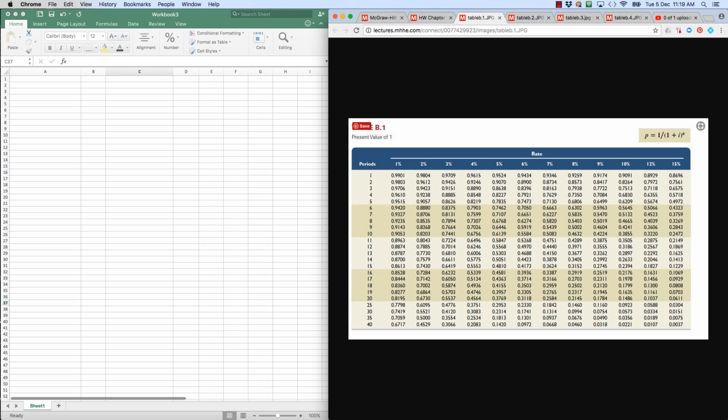But present value, it's a financial term, but what it means in English is how much would you need to save today at a given interest rate in order to have $1 saved in this many periods. So if you have 5 periods and a 4% interest rate, you'd need to have 82 cents saved today. And in 5 years, that would be worth $1.